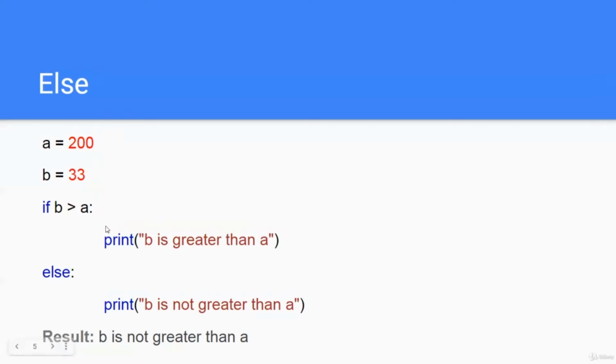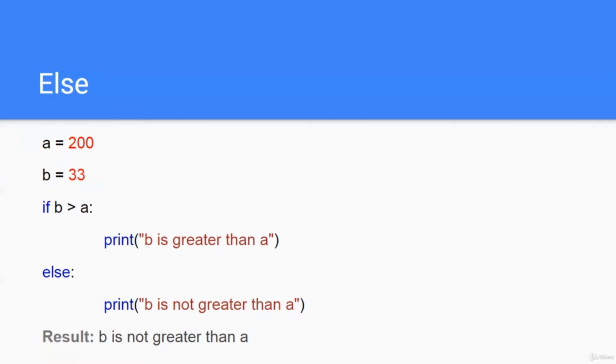This will not execute the print B is greater than A statement. Instead, it will jump to the else section. Else means if the condition is false, it will print B is not greater than A. This is correct in this case, since B is 33 and not greater than A. So when there are two choices, the else statement will be executed.